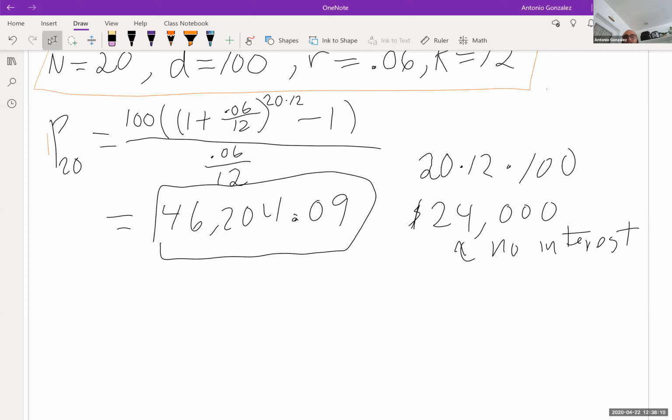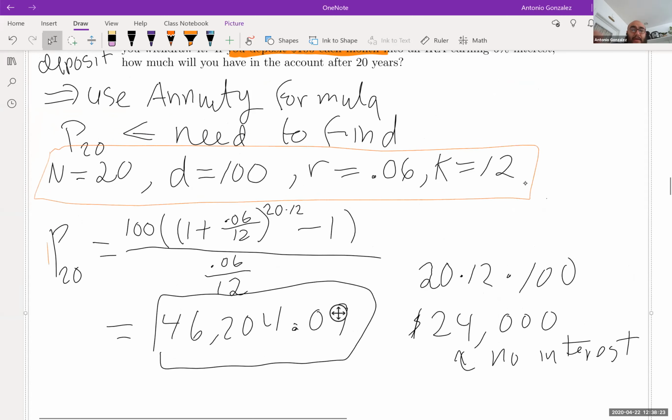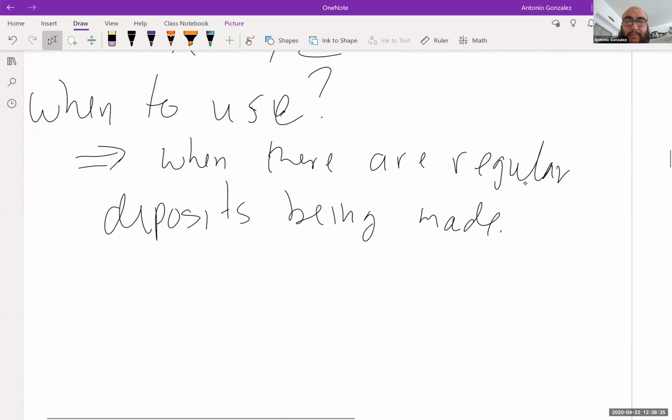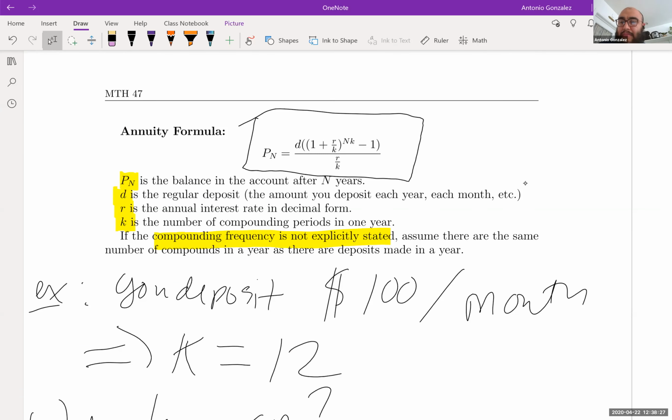Okay, any questions on this example here? Sure. Again, these notes are available. There's a PDF copy, a blank one on Canvas.